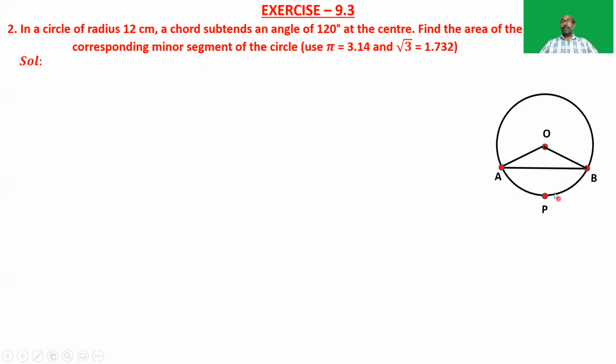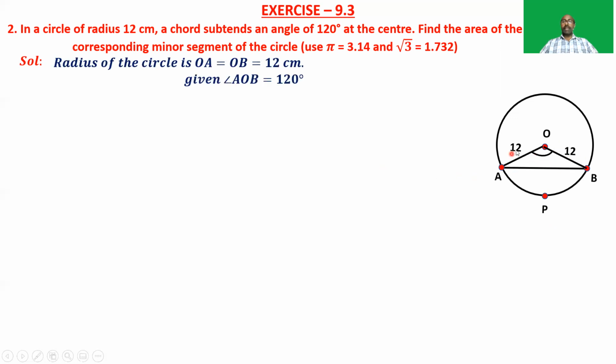We are taking the point P on minor arc. So here the radius of the circle is 12 centimeter, so that OA is equal to OP is equal to 12 centimeter. So now radius of the circle is OA is equal to OB is equal to 12 centimeter, and given angle AOB is equal to 120 degrees.